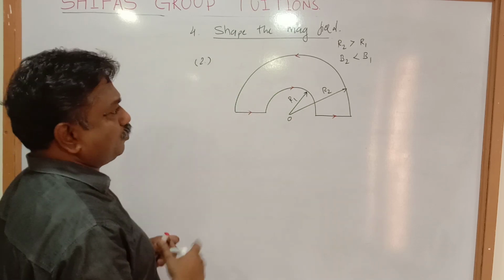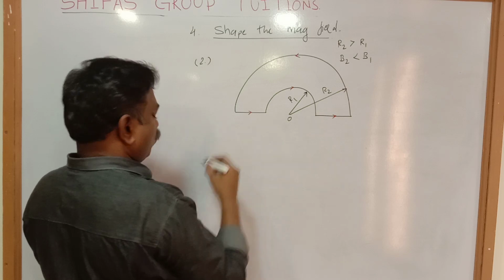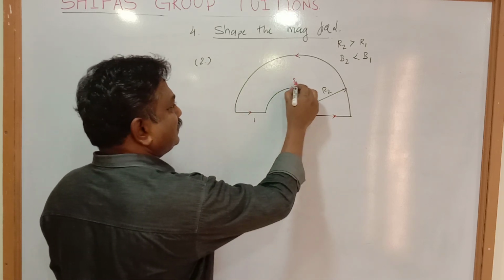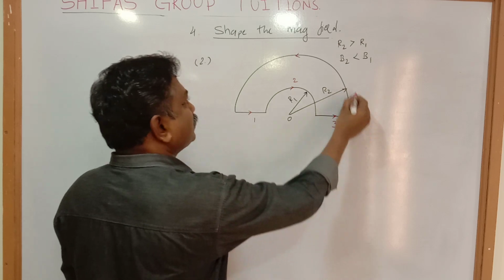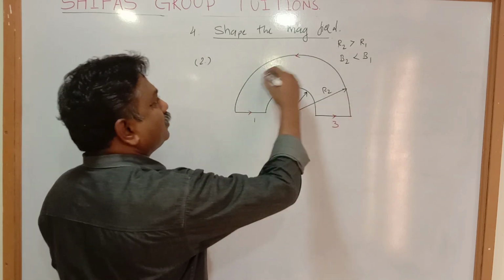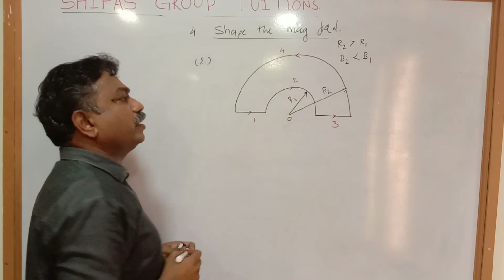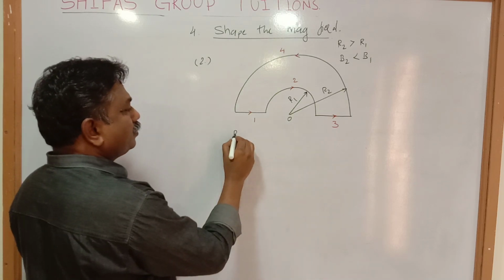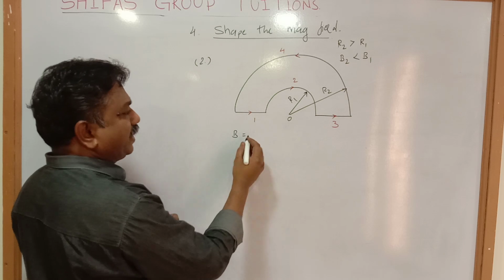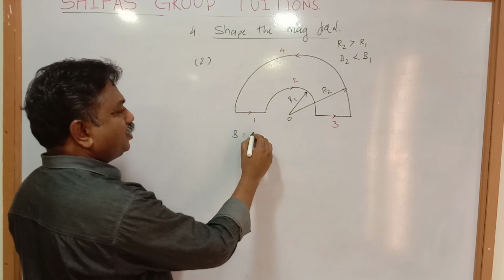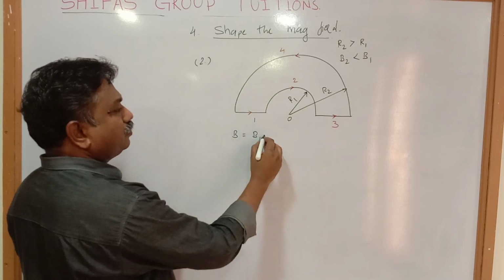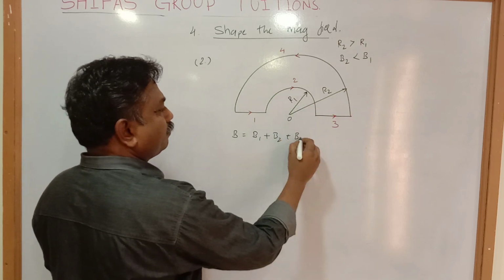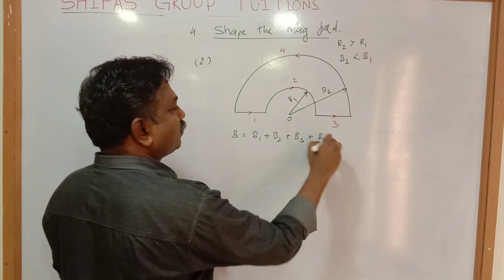Suppose this is part 1, then second, third, and this entire bigger semicircle is the fourth part. So the total magnetic field, taking only the magnitude and not the vector consideration, is B1, B2, B3 plus B4.